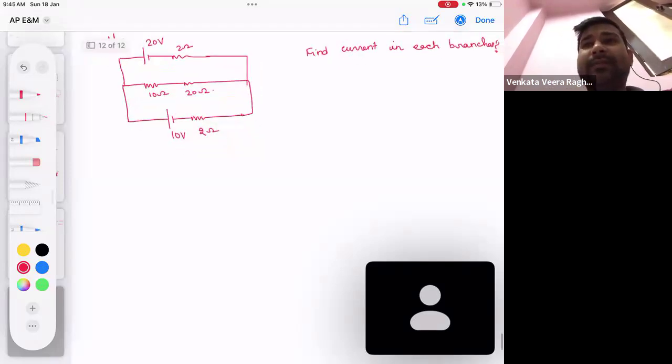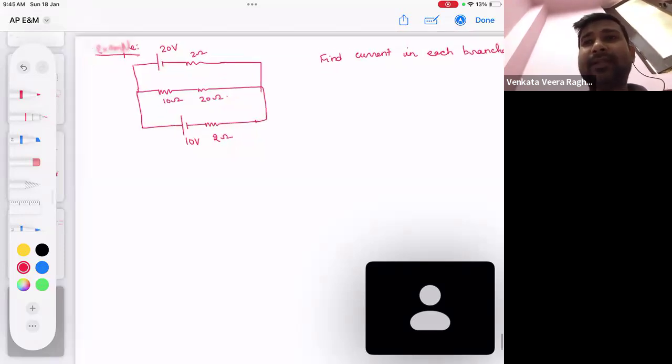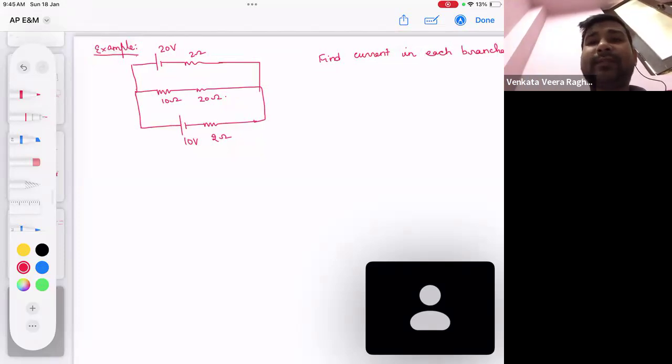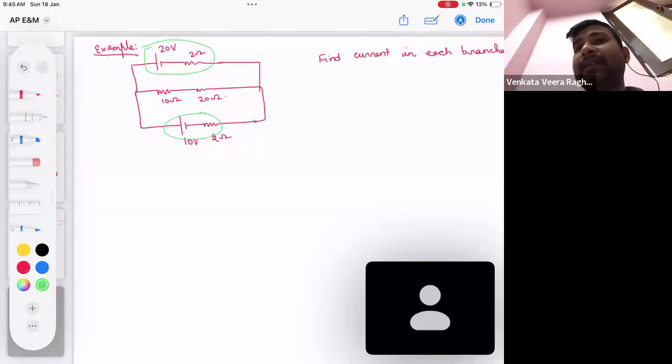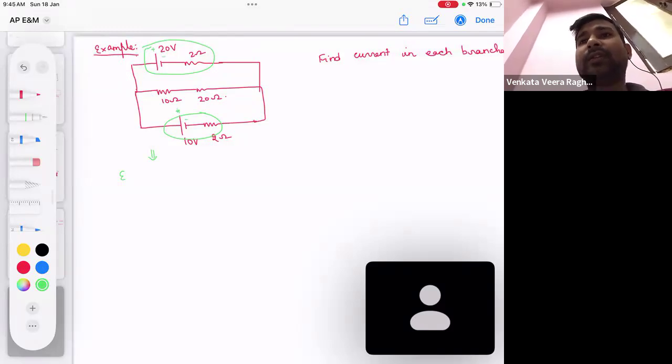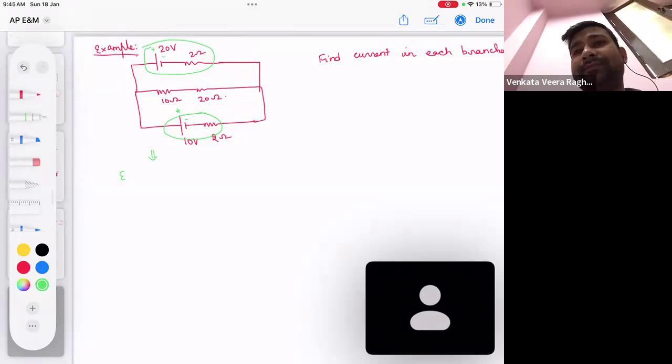If I'm applying the series and parallel method, you will find an interesting thing: there are two cells given in the question, cell number 1 and cell number 2, and they are connected in parallel. And you see that the positive and negative terminal polarity is also such that they can be added.